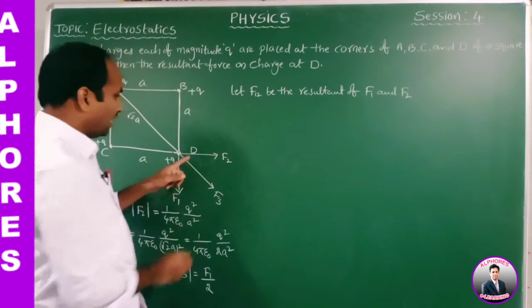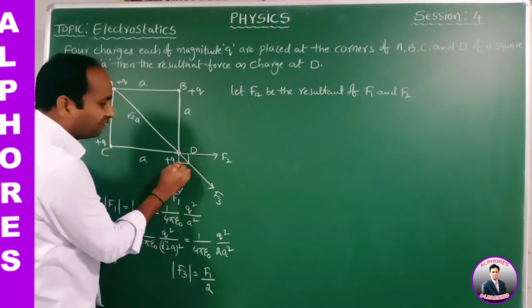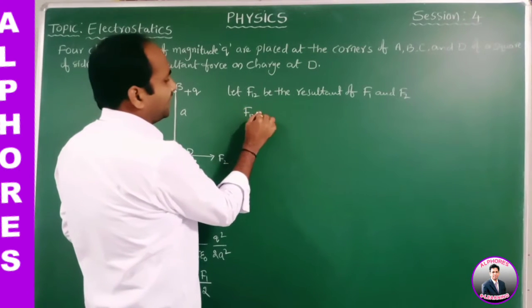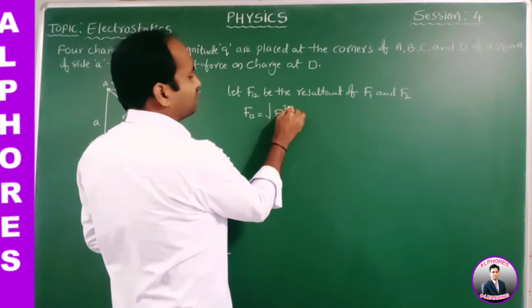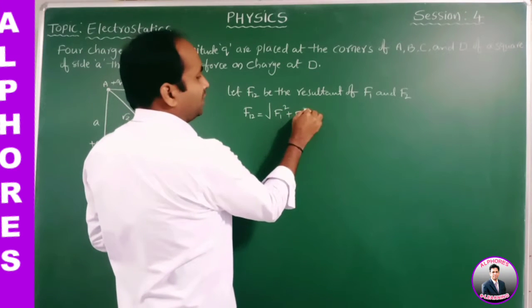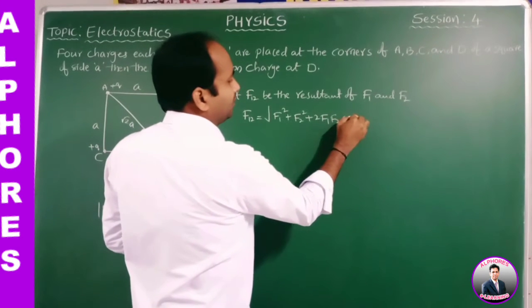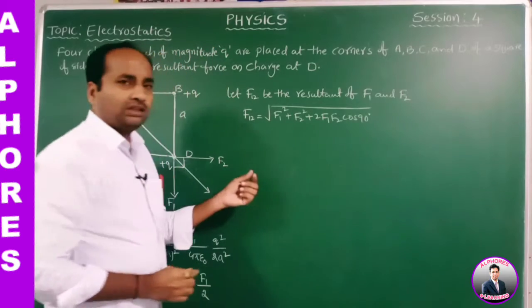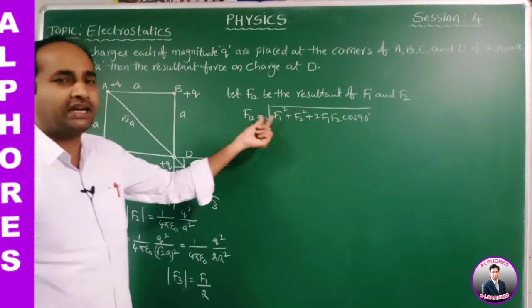The angle between F1 and F2 is 90 degrees. According to the parallelogram law of vectors, F12 equals under root of F1 square plus F2 square plus 2 F1 F2 cos 90. But the magnitudes of F1 and F2 are the same, so instead of F2 we may write F1.